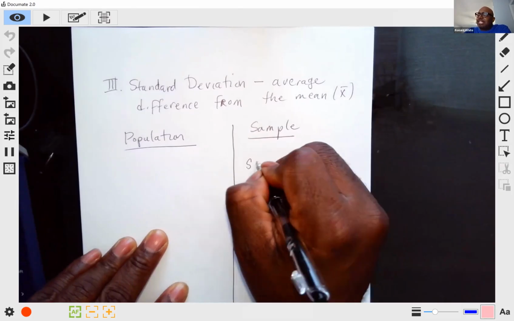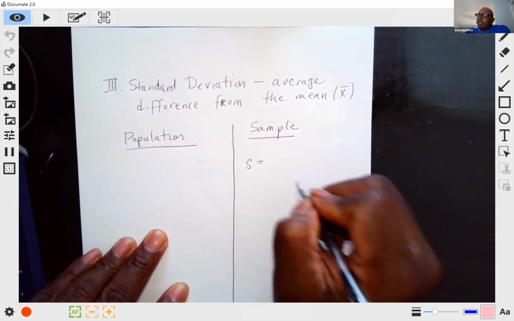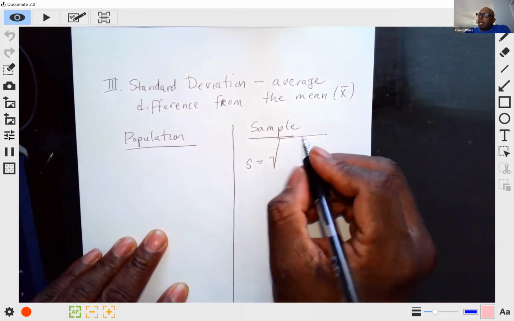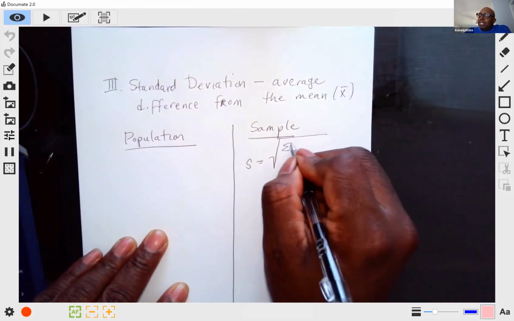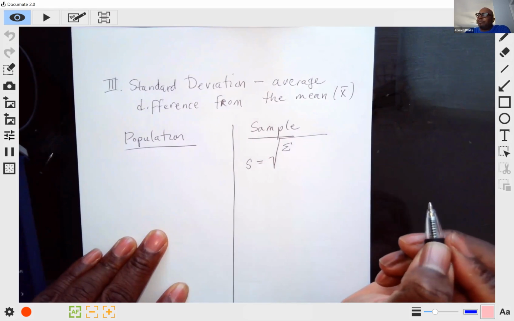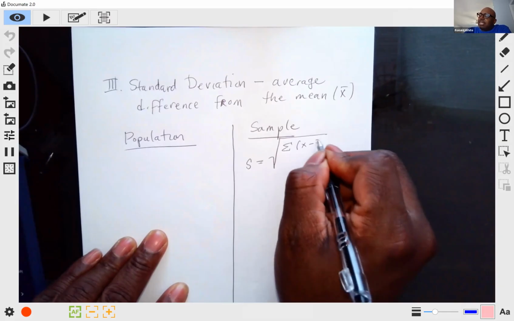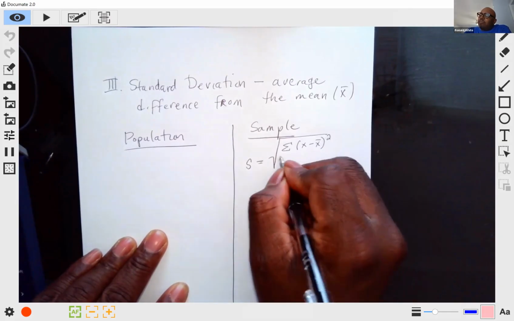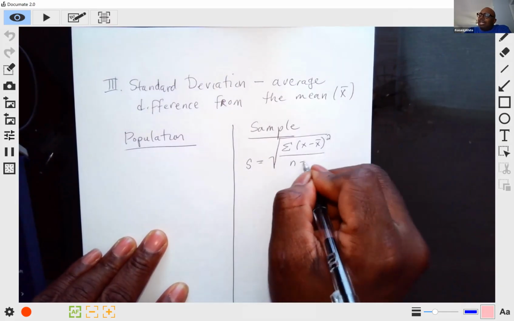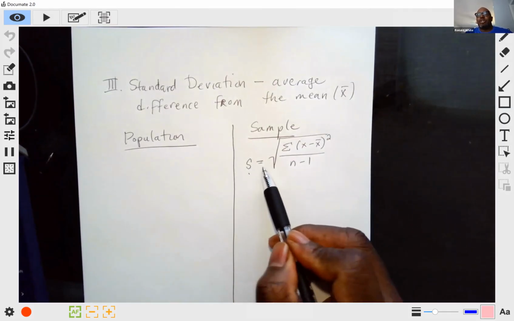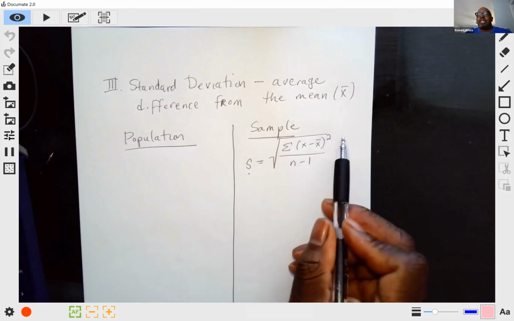We'll write S for standard deviation, and we're going to say that is equal to the square root of the sum, you remember this funny looking symbol sigma, of the squared differences about the mean, all divided by the sample size minus 1. Now, I know y'all gonna say, hold up, that's too fast. Okay, but again, you can pause it. Standard deviation is equal to the square root of the sum.